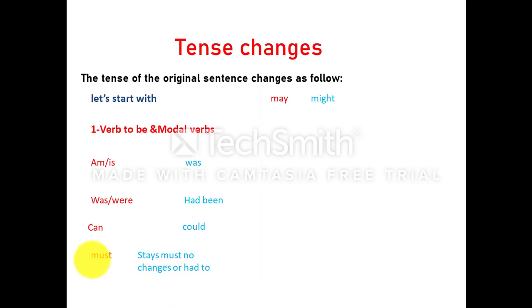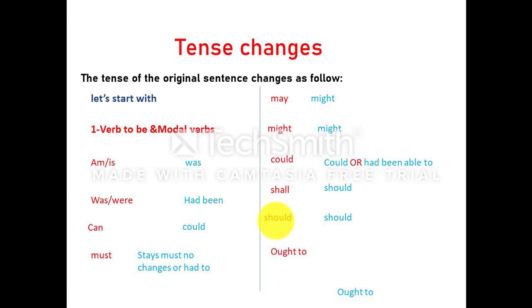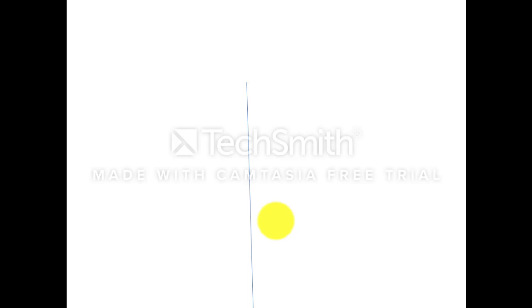May changes to might. And might changes to might, the same. Could stays could, or you can change it to had been able to. Shall changes to should, and should changes to should or stays the same. Okay, ought to. My dear students, these are the verb to be and modal verbs.